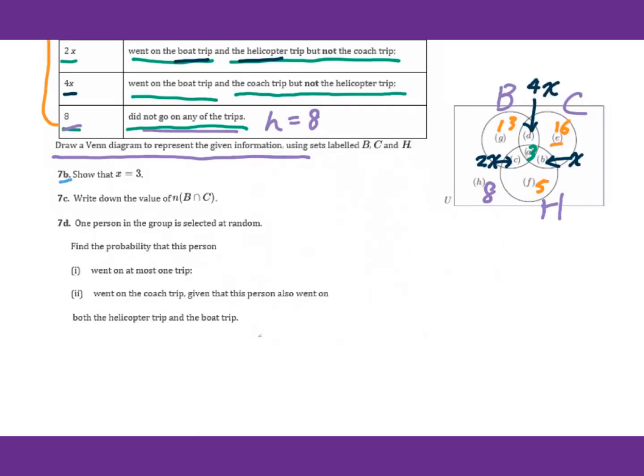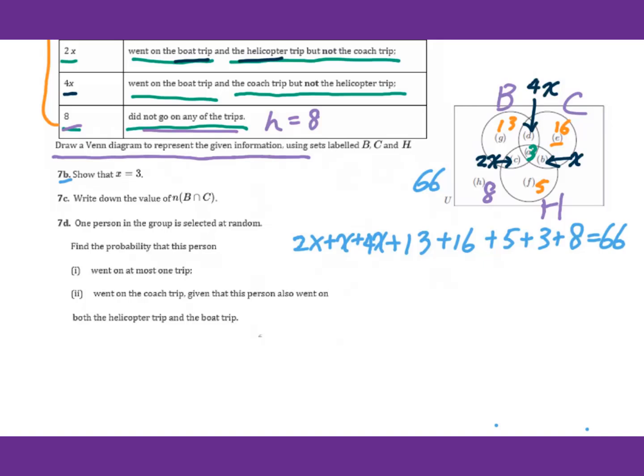Go to 7B. Show that x equals 3. We know altogether there are 66 students. Therefore, adding altogether should be 66. So we have 13 plus 16 plus 5 plus 3 plus 8. Then you need to add 2x plus x plus 4x, equals 66.